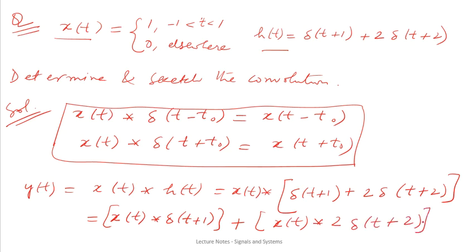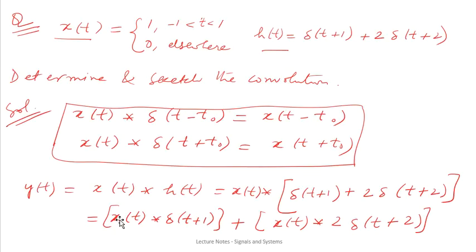So obviously you are using the properties of convolution also here. If you remember some of the properties that were discussed in the last lecture, those are also being used here. So for y(t), x(t) convolution delta(t+1), using the second standard result, will become x(t+1), and similarly x(t) convolution delta(t+2) will become x(t+2), and this 2 will obviously be outside.